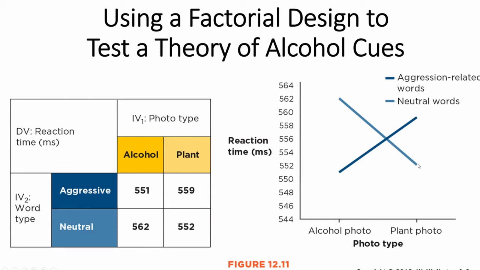The other way would be plant photos being neutral images, and neutral words being easier to identify when you've seen a neutral image. Then you have this cognitive association between neutral images and neutral words, which also kind of makes sense. So this experiment showed us that we have this match where people associate alcohol with aggression, and neutral things are associated with other neutral things. Pretty much exactly what they had predicted.